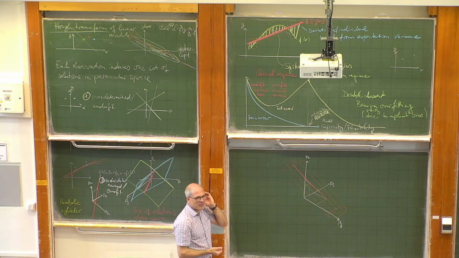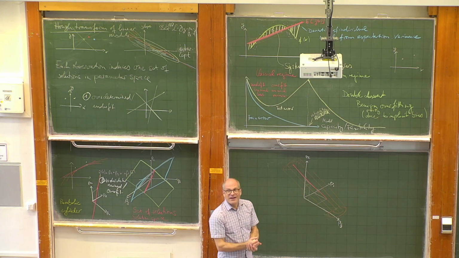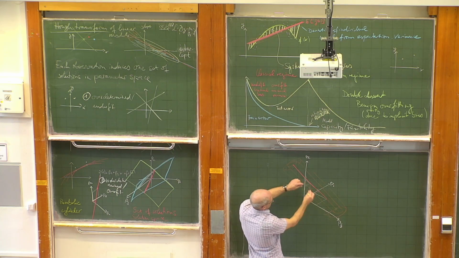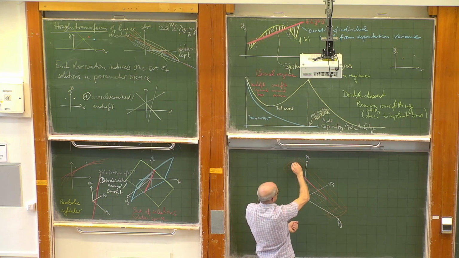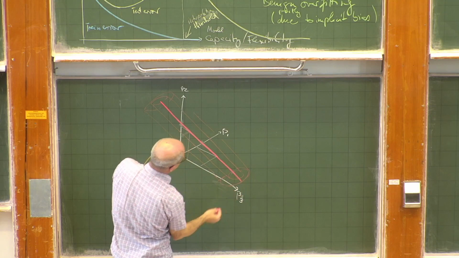Let's see what you have found. I tried to make a bigger and prettier picture. So again, the red line segment is the solution space. All of these solutions are perfect fits to our data.